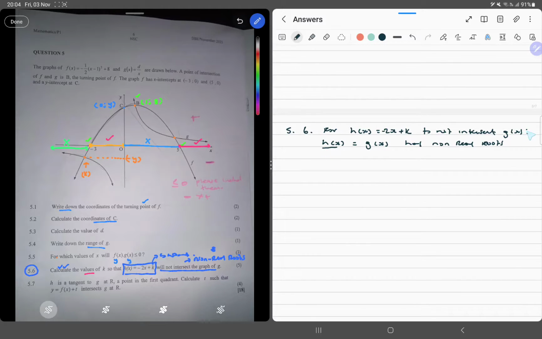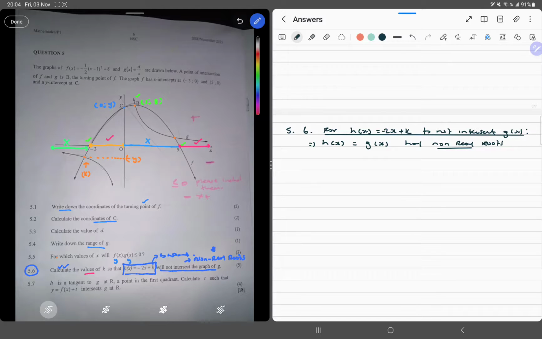It implies that. This is just to say, okay, you're giving us this statement, how do we interpret it? This statement essentially means h of x equals g of x must have non-real roots for them not to intersect.